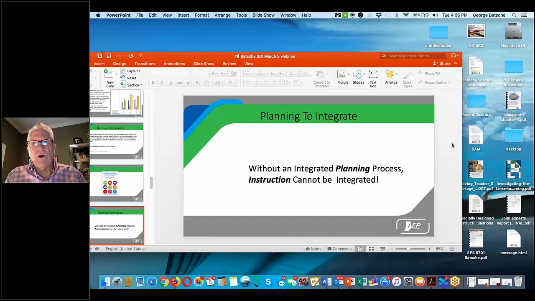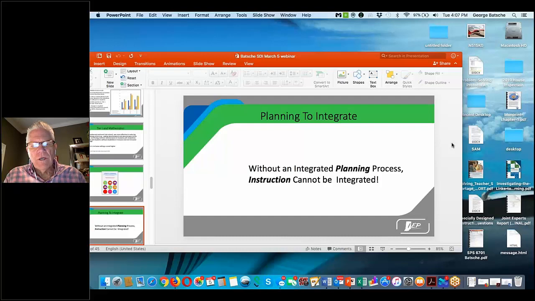And the only way we can stop delivering instruction in isolation is to communicate and collaborate around this planning process, so that people on both sides can incorporate what resource teachers are doing into Tier 1, and what Tier 1 is doing into resource or Title or remedial or English learning.